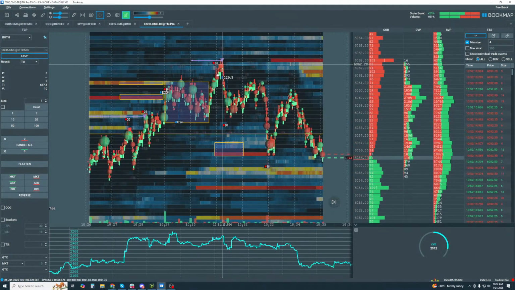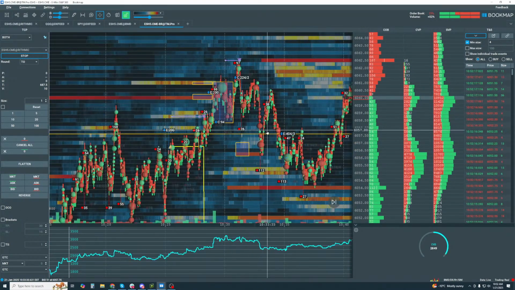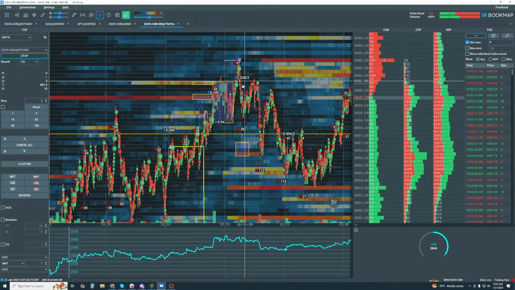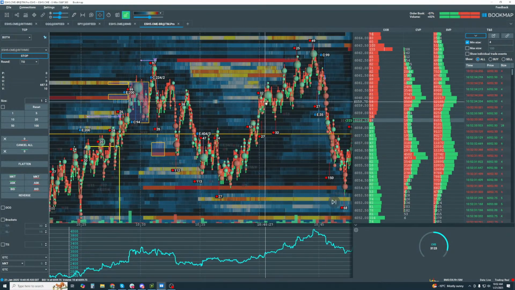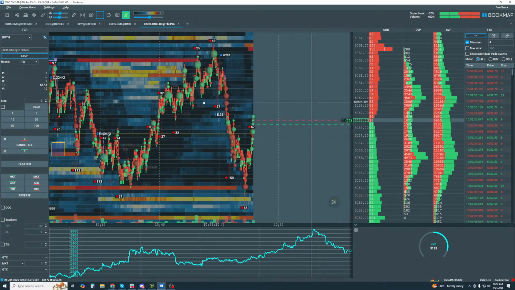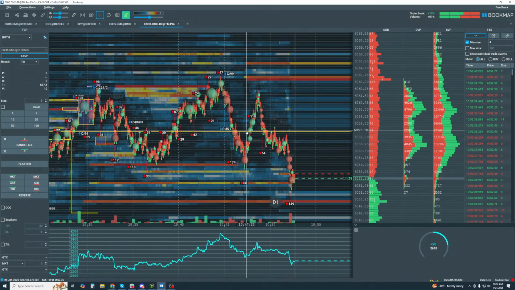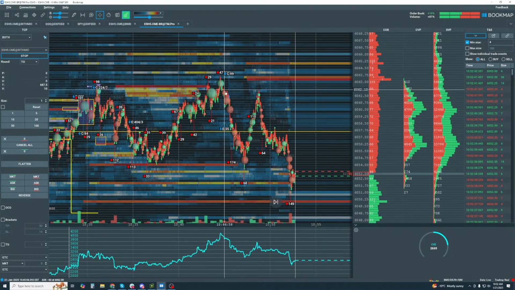You can see this was a good idea, and we got a pretty steep pullback after that. This was our position here. It went down below it into the liquidity down here at 54, and then back up into that high liquidity again. You can see this is the back and forth nature we're dealing with right now, and still dealing with it.